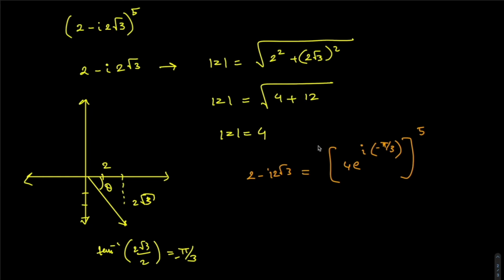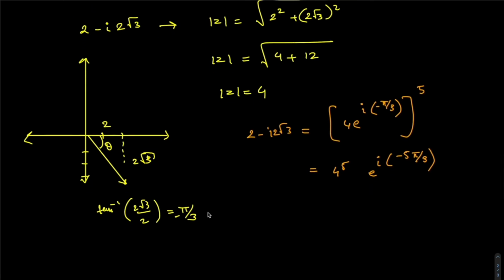Now if I simplify this, what I have is 4 raised to the power 5 e raised to the power i, I can multiply this now, so I'll have minus 5 pi by 3. So 4 raised to the power 5, let's do this really quickly: 4 times 4 times 4 times 4 times 4.